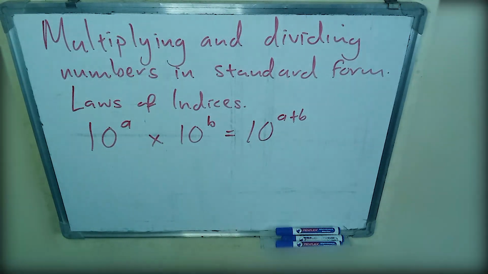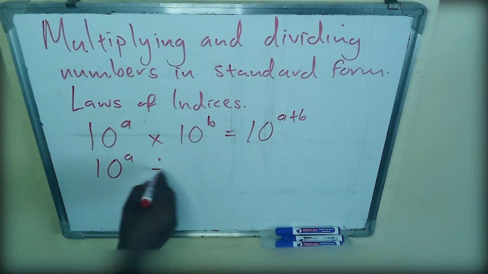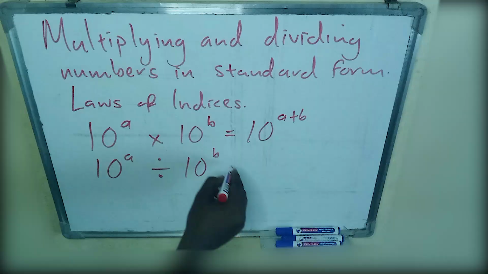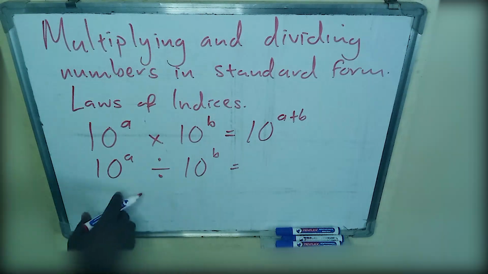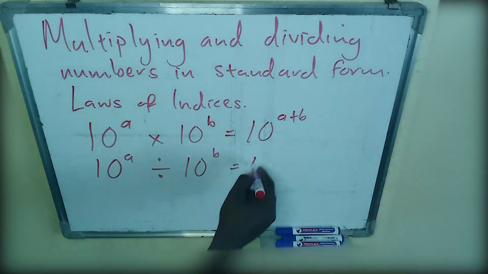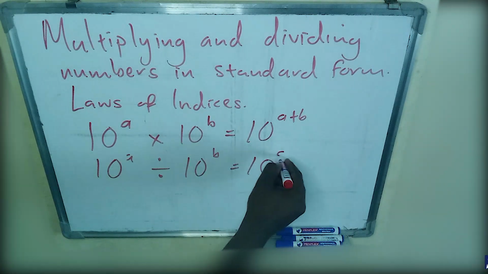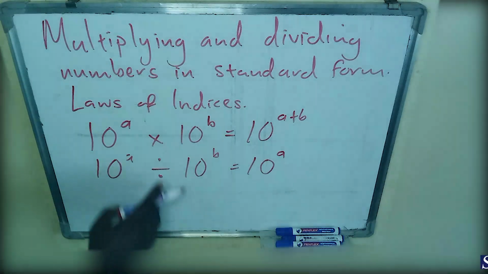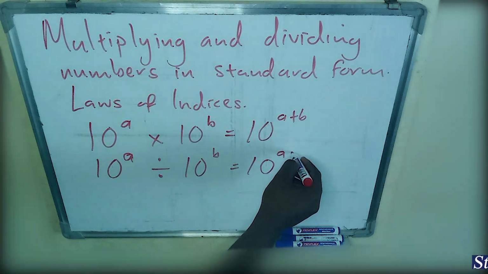The other law is 10 to the power of a divided by 10 to the power of b, which is equal to, now there's a division sign. We do the same: take the common base, then subtract the exponents, a minus b.